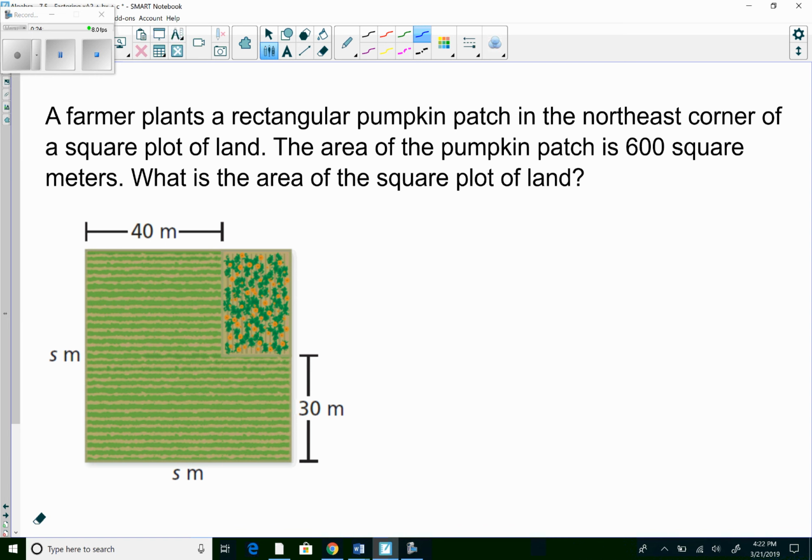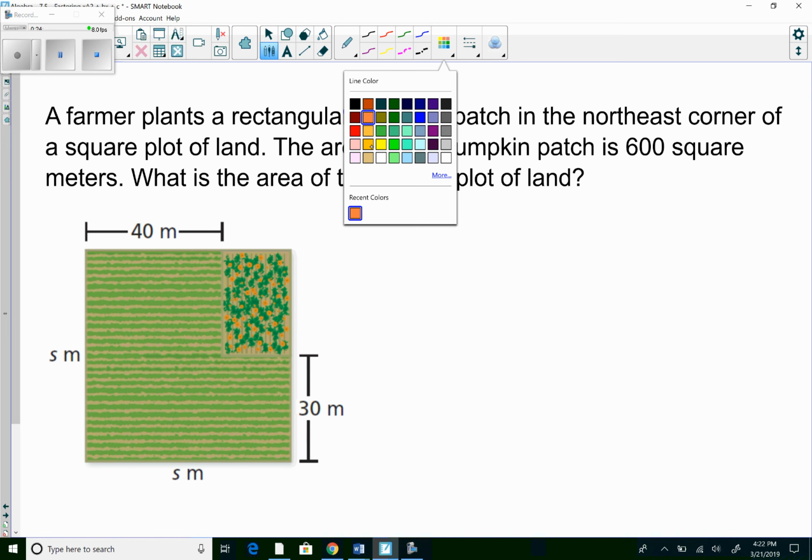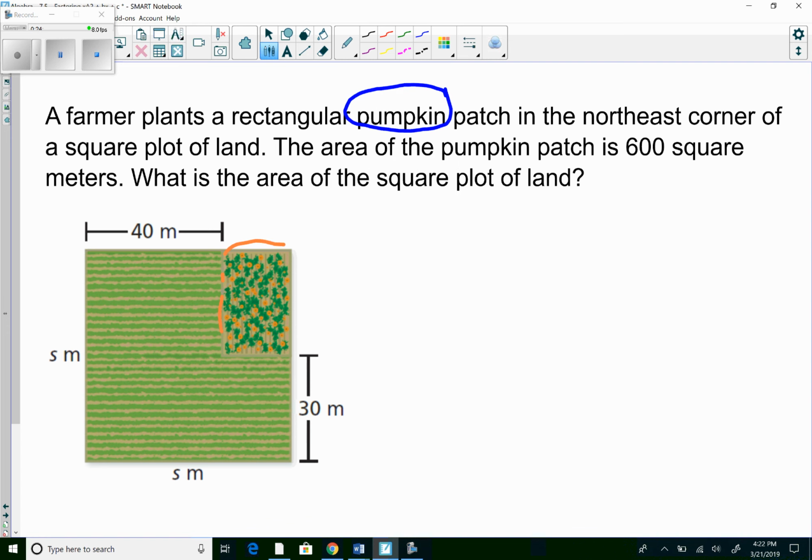But we are looking at a rectangular pumpkin patch. I'm going to write in orange just for this specific problem because of pumpkins. We're looking at a pumpkin patch in the northeast corner of a square plot of land. The area of the pumpkin patch is 600 square meters.